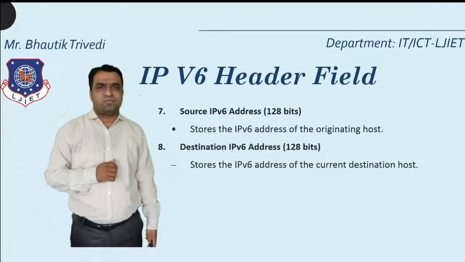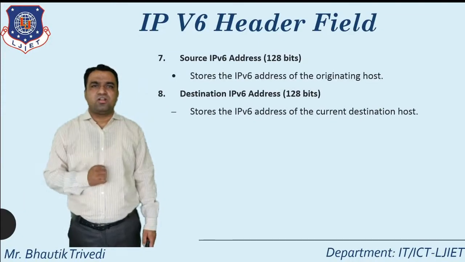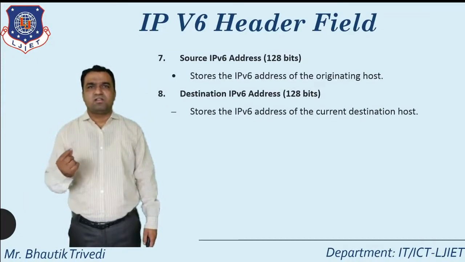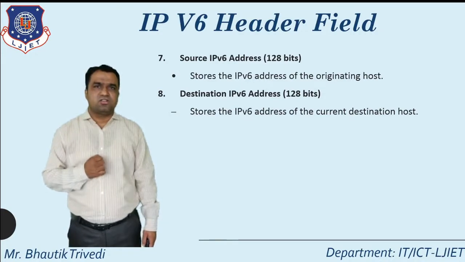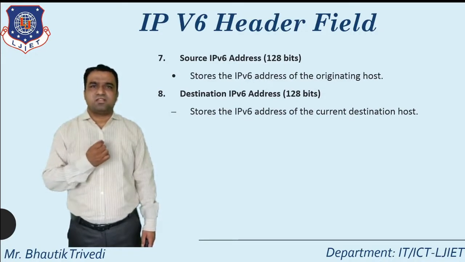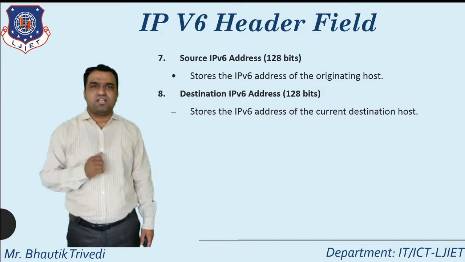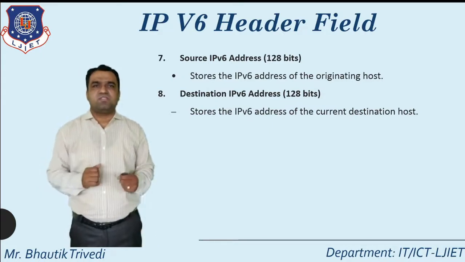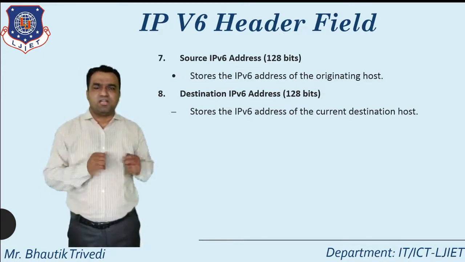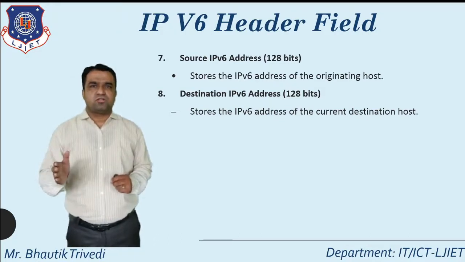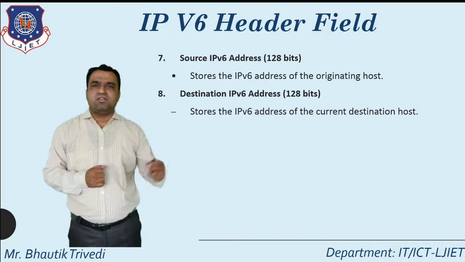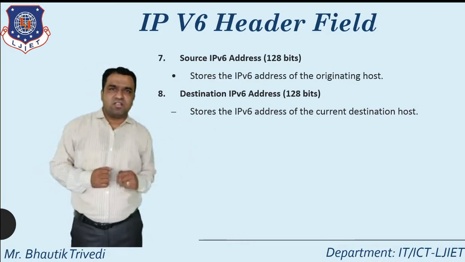After that, two most important fields of IPv6: one is the source, the second is the destination. The source IPv6 address contains 128 bits, and the destination IPv6 address contains 128 bits. What is the difference between them? The source is sending the packet, and the destination is receiving the packet.